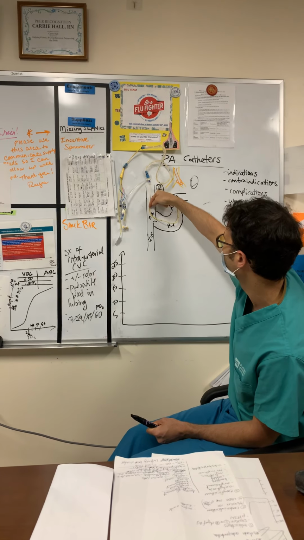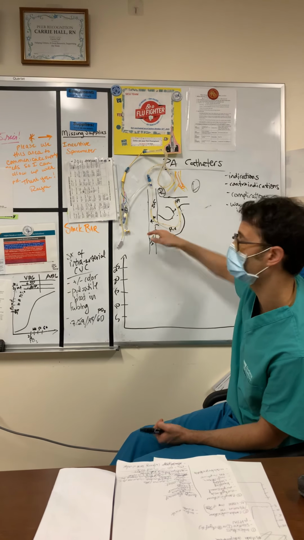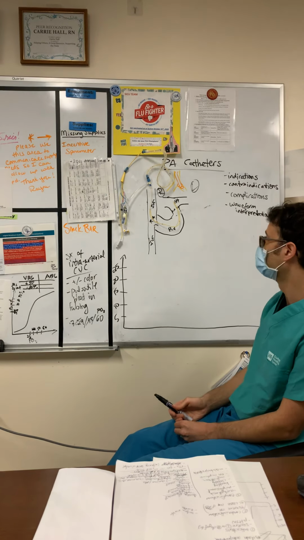When you first bring the PA catheter out of the introducer, the pressure here is your CVP, right? It's going to be the same. That pressure should be relatively the same whether the tip of the PA catheter is in the SVC, in the RA, or in the IVC, assuming your patient is flat during placement. So what's a normal range for CVP?